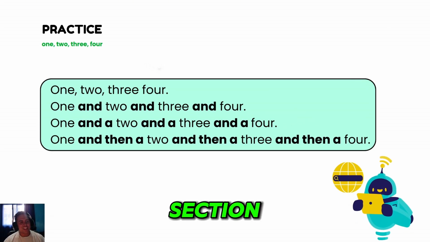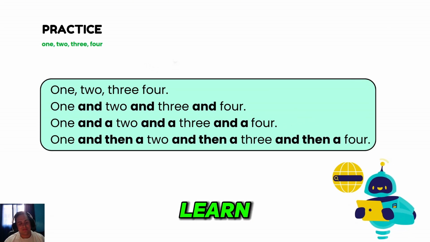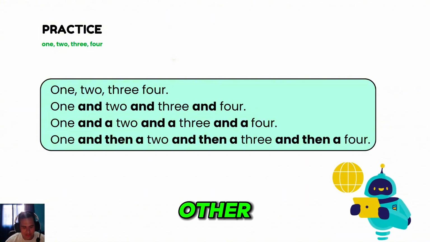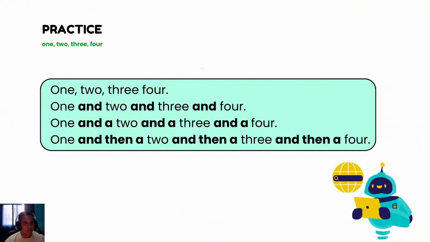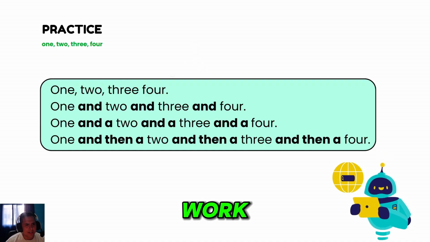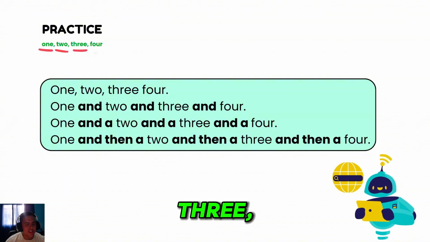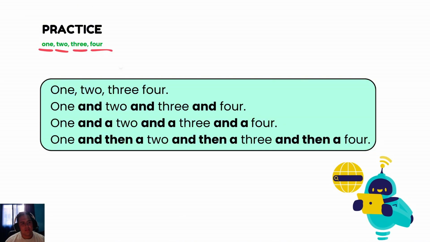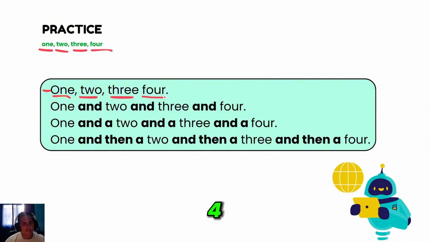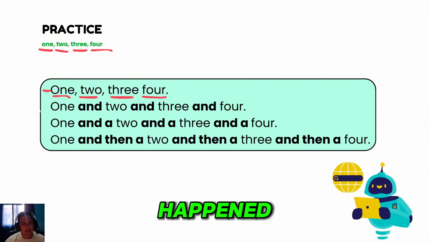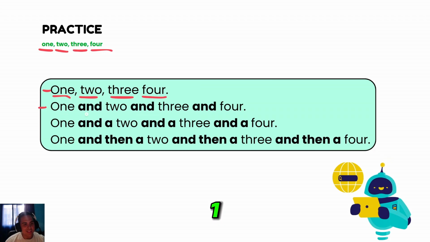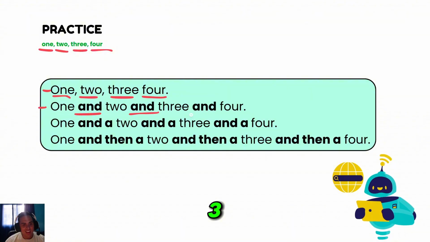Okay, in this section we are going to put in practice, in other words, how can we work on this? If we see this, 1, 2, 3, 4. In the first one, we see 1, 2, 3, 4. But what happened in the second sentence? 1 and 2 and 3 and 4.